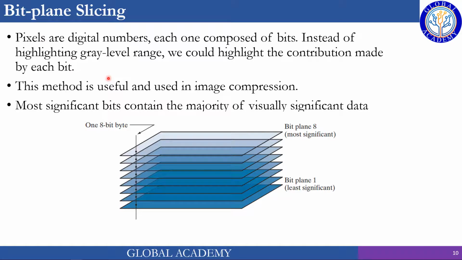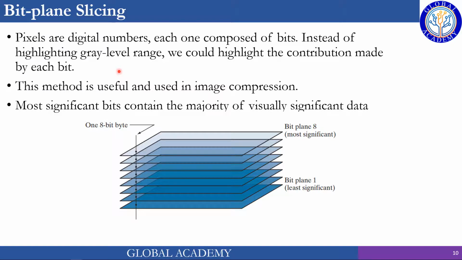So we can extract 8 different binary images represented by each bit location, like an image represented by the most significant bit of each pixel value. And similarly, we can make another binary image from the same image using the least significant bit of each pixel. So this is called bit plane slicing.